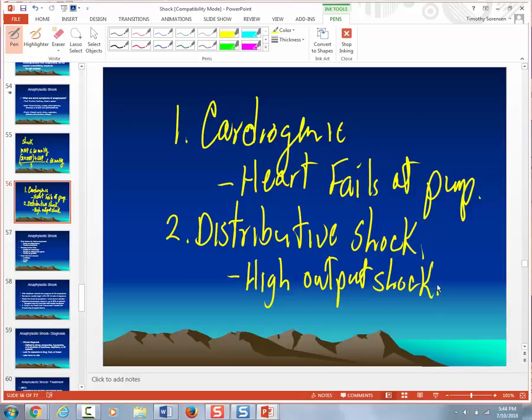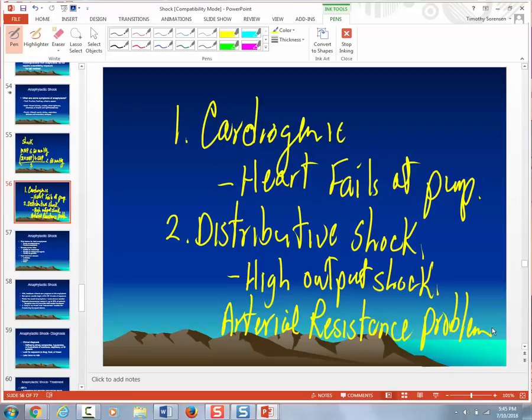Basically what's happening here is the systemic arteries are massively dilating, right? So the heart's not failing as a pump. Distributive shock is an arterial resistance problem. And distributive shock comes in several flavors.